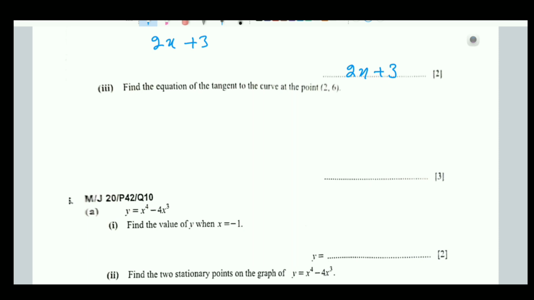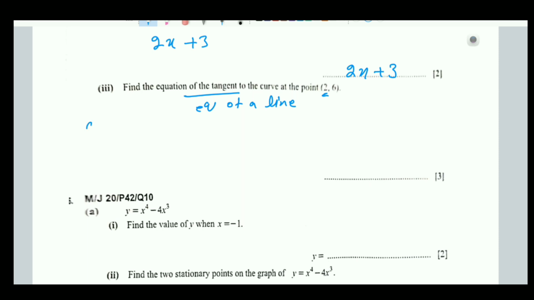Equation of tangent means that you have to find the equation of a line, that is y is equal to mx plus c. So this is your x and 6 is your y. What we have to do, first of all, is find the gradient.